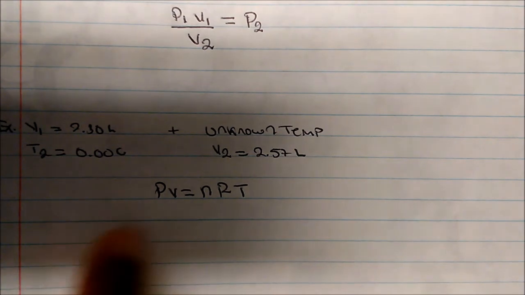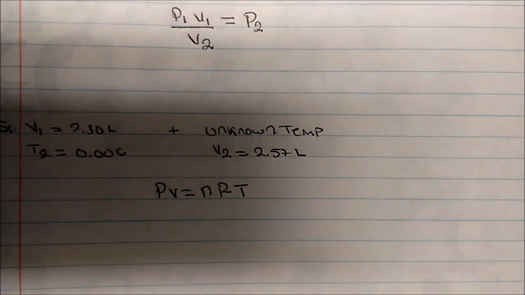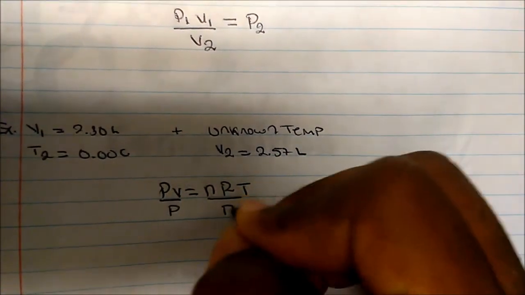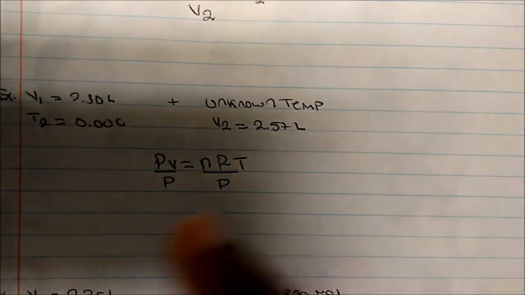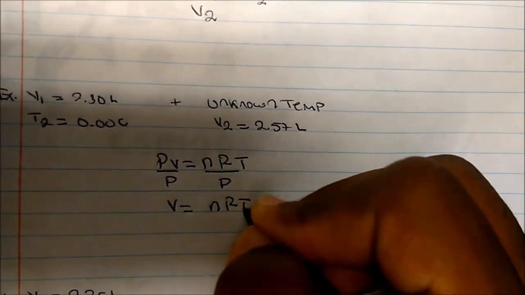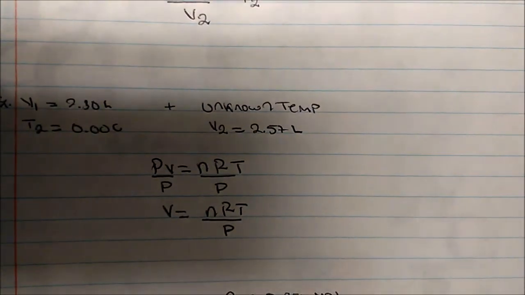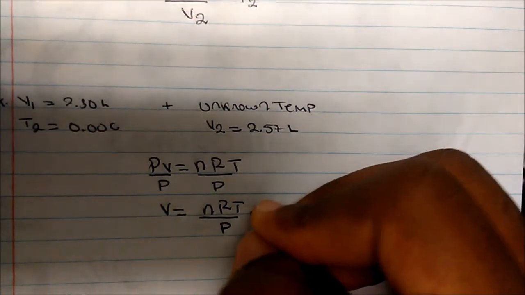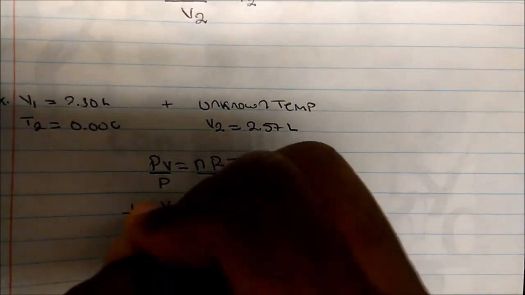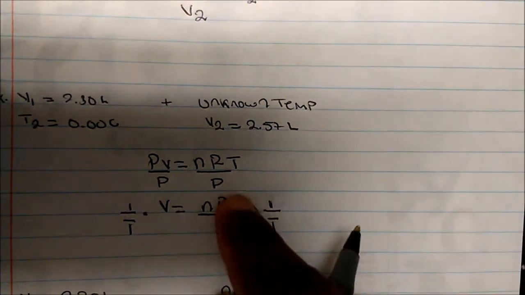Well, if I'm solving for volume and temperature, it looks to me that if I divide by pressure on both sides, that will cancel out my pressure, and so my volume is going to be equal to nRT divided by P. And then it looks to me as if I multiply by 1 over T on both sides, okay, well, notice that I have T on the top, T on the bottom.